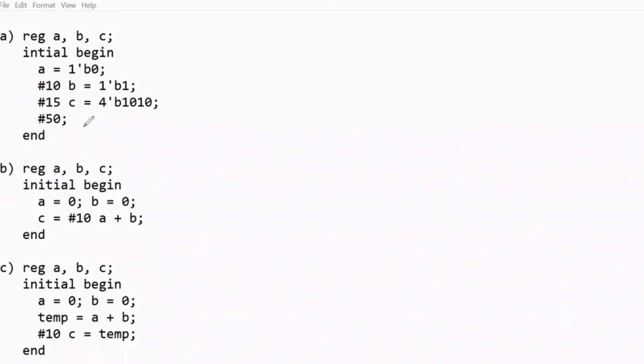If you use the blocking assignment or the non-blocking assignment, the delays will be added to the next statement, right? So if you take the intra assignment, what happens for blocking assignment? The delay will be added to the next statement. If you take the non-blocking assignment, the delay will not add to the next statement.